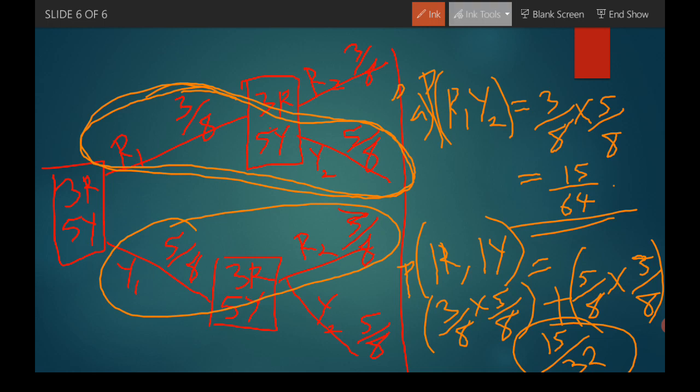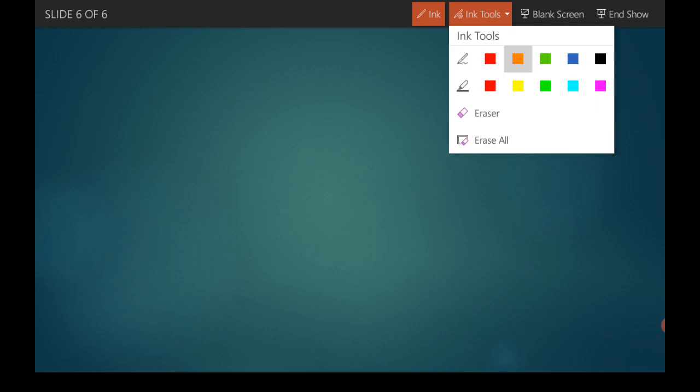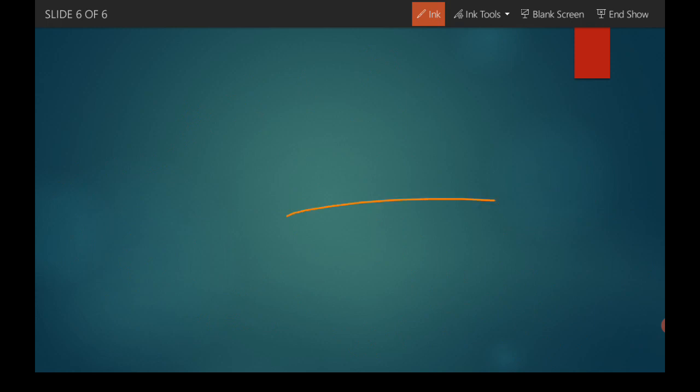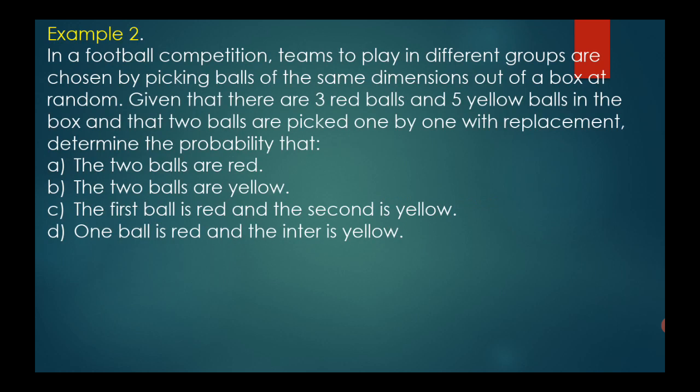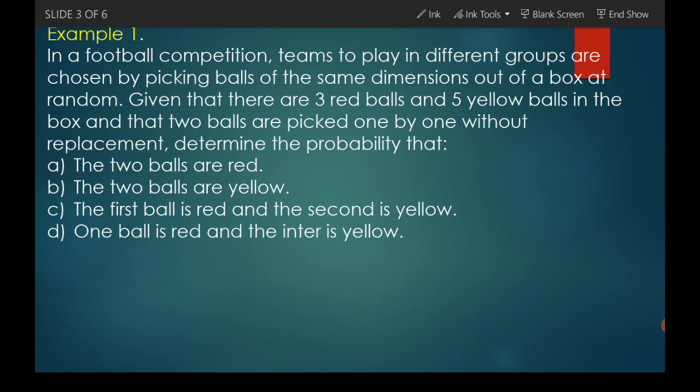So in simple terms, we can have a quick summary here for the answers. You can try again and we see what we have. For example 1, the answer that we got for part A was 3 out of 28.